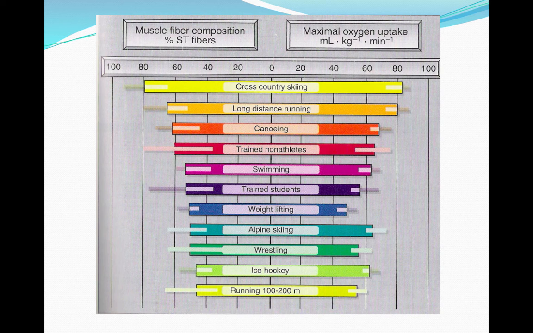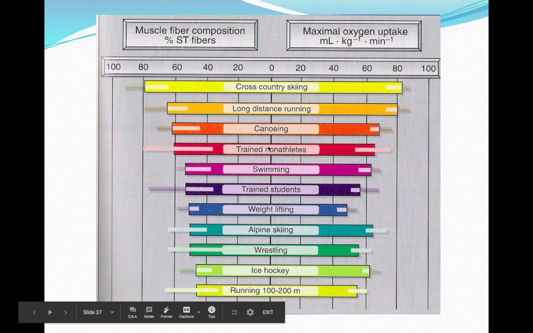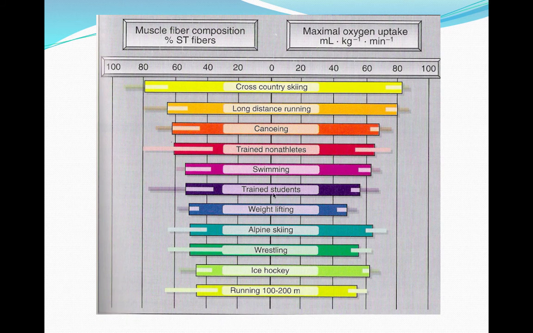Cross-country skiers and long-distance runners are the people that we always use as examples for this. But even people like myself, I would consider myself a trained non-athlete, and I'm assuming you would consider yourself a trained student. The samples that they used for this study were pretty clear, right? The more slow twitch you have, the higher your VO2 max is going to be.